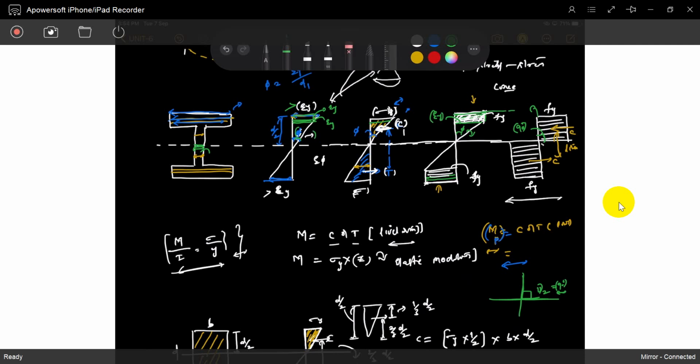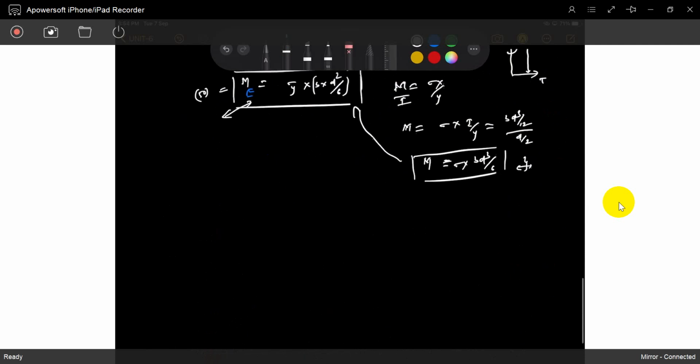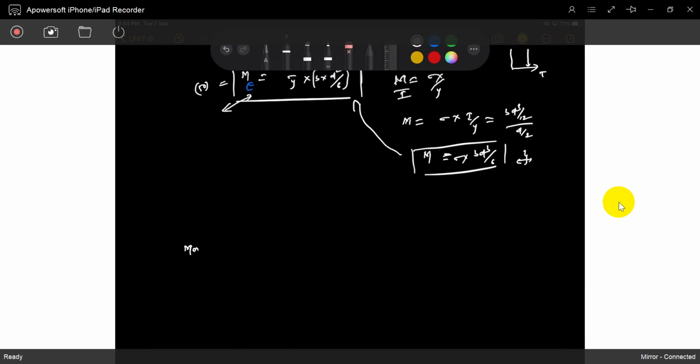Have you understood? So that is the moment curvature diagram. Otherwise, I will draw a moment curvature diagram.